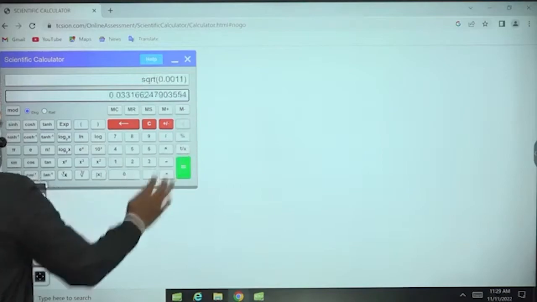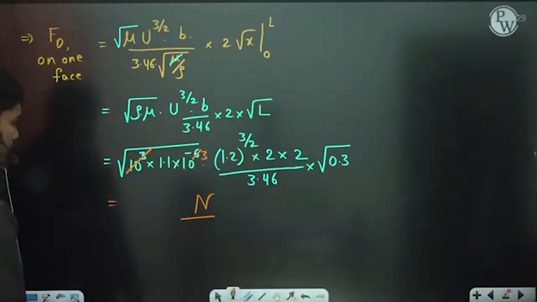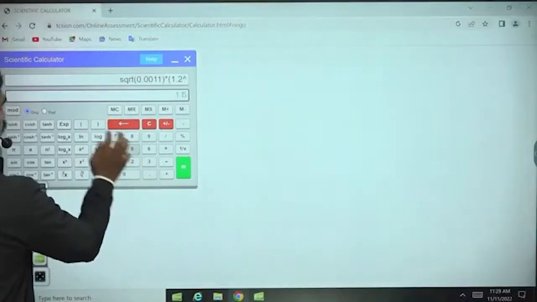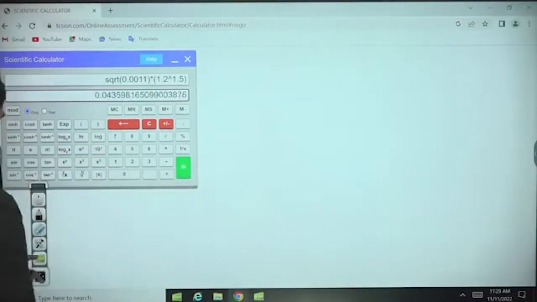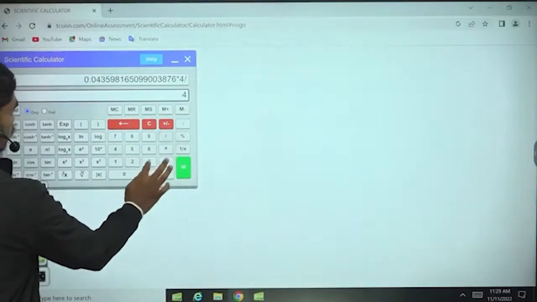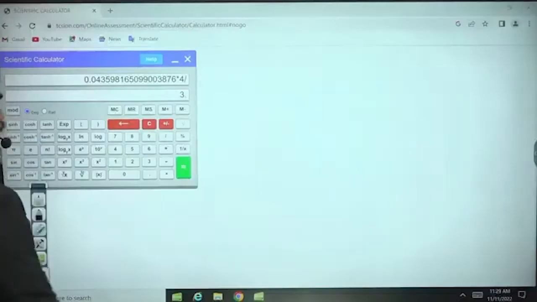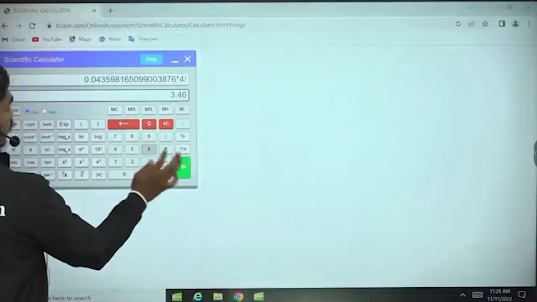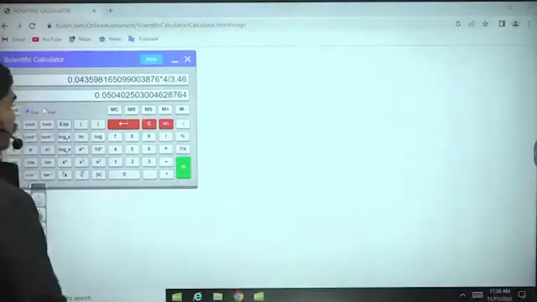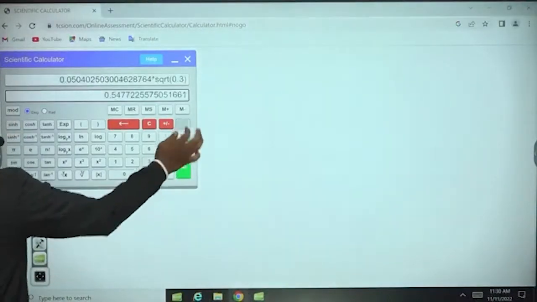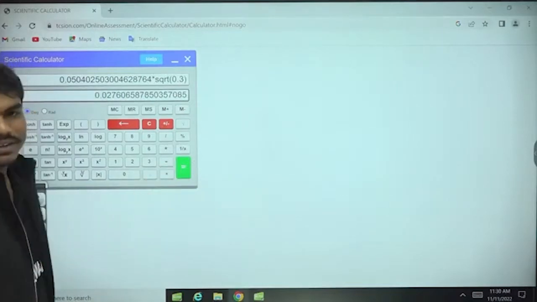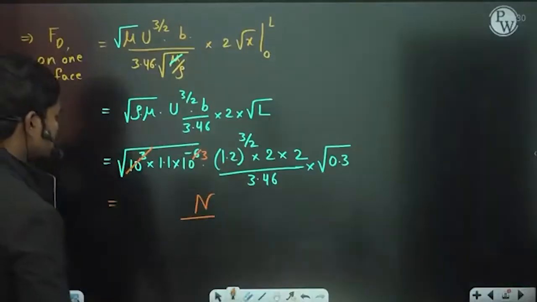Square root of this, we got some value, multiplied with 1.2 whole power 3 by 2, which is 1.5, into 4 by 3.46. This value is multiplied with square root of 0.3. If you simplify, you get 0.0276, correct?